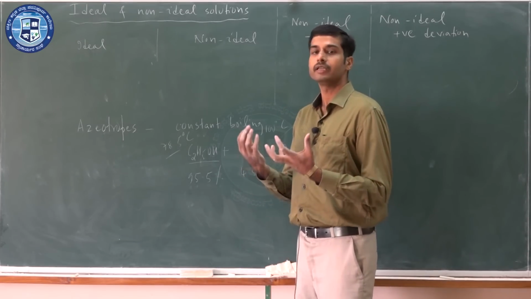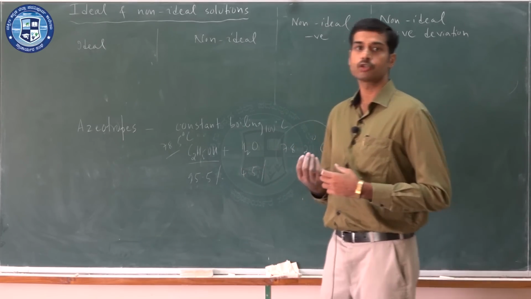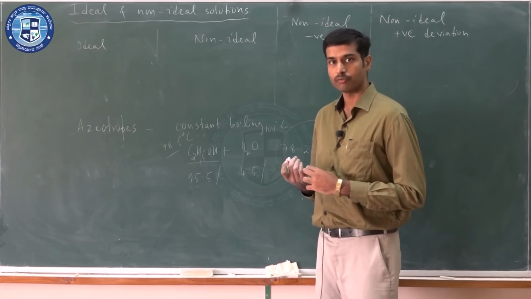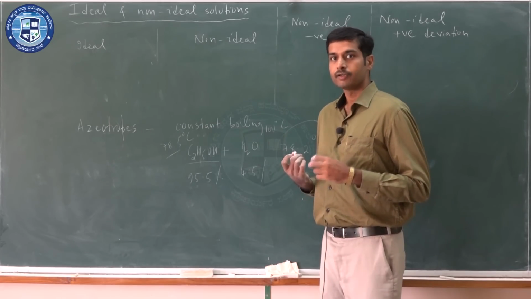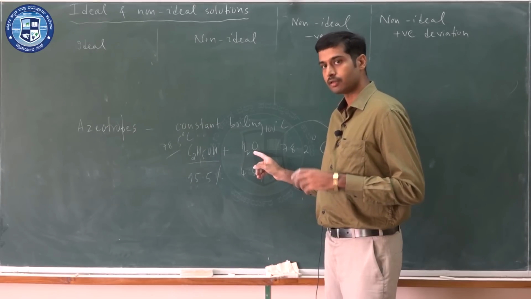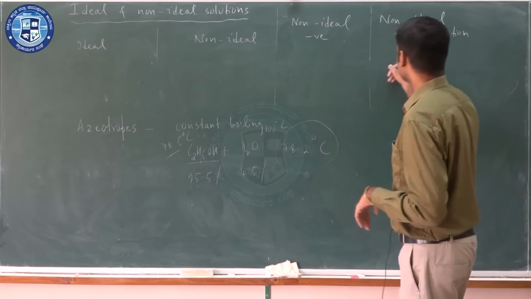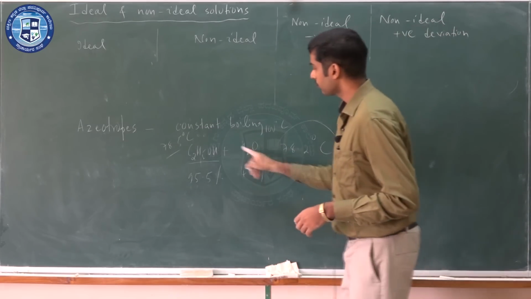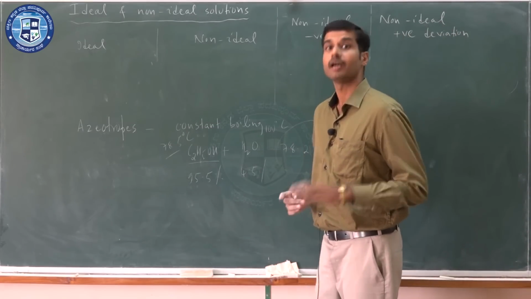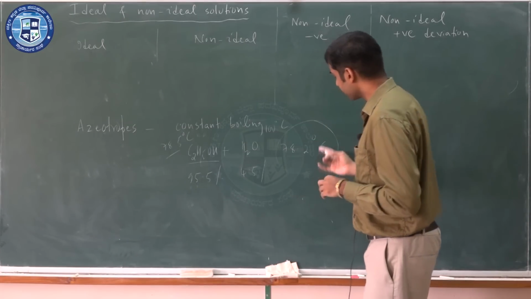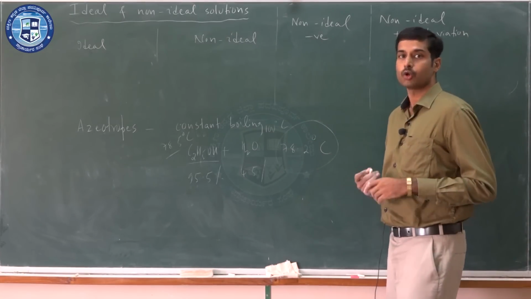What will happen is the bonding in ethyl alcohol molecules will get weakened, and ultimately positive deviation from Raoult's law will be obeyed. So, there are two things. One thing is this mixture does not obey Raoult's law, it is under positive deviation. The second point is this forms an azeotrope, and moreover the temperature at which it boils is lower.